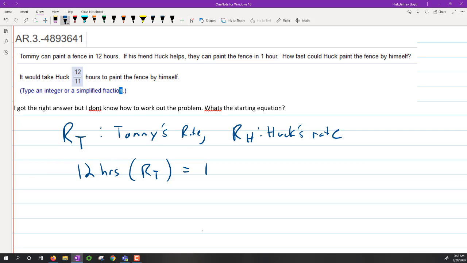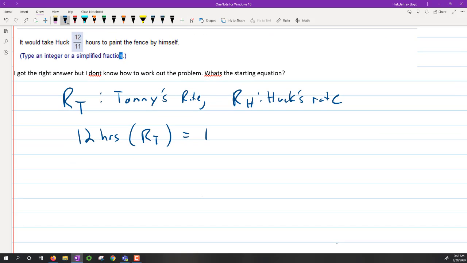Based off the answer the student has here, I think it will be simpler for me to do it as 1. It completes the whole job. So we're just going to leave that. That's a piece of information that we have. If his friend helps him and they work together, they can paint the fence in 1 hour. So now we have 1 hour times their rates together.